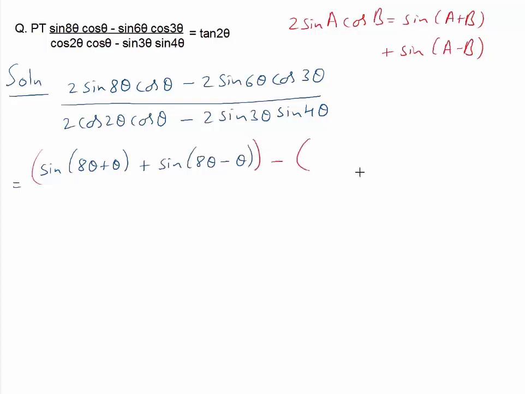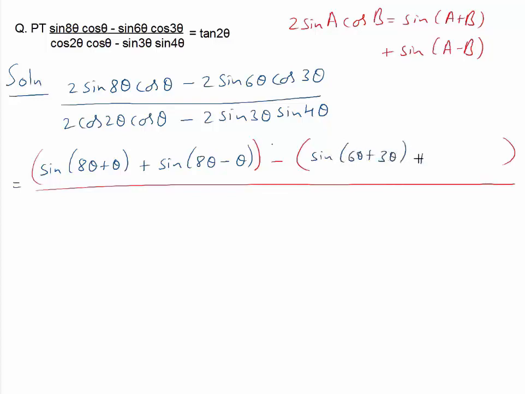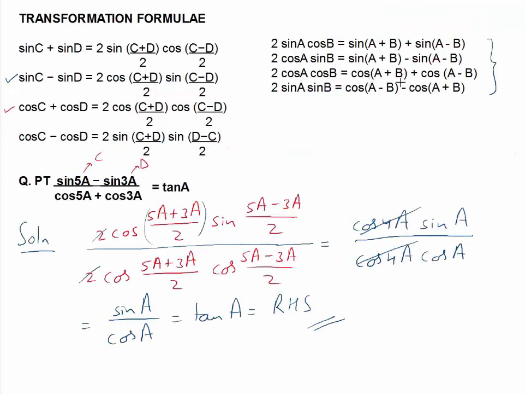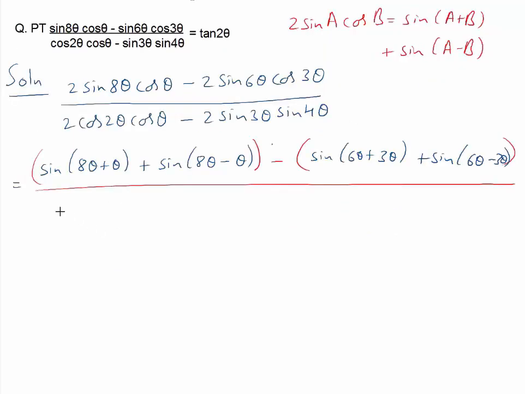Now the second part would be sine 6 theta plus 3 theta plus sine 6 theta minus 3 theta, and then divided by, now this is 2 cos and cos, so 2 cos A cos B is equal to cos of A plus B plus cos of A minus B. So this would be cos of 2 theta plus theta plus cos of 2 theta minus theta.